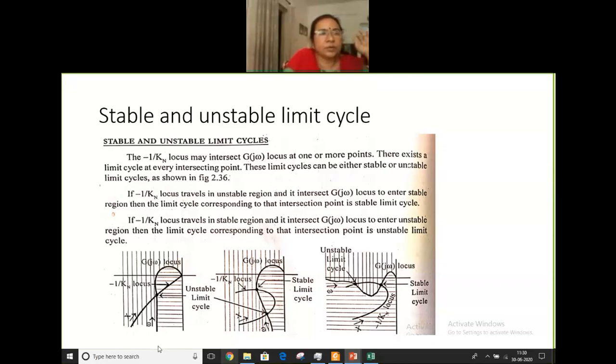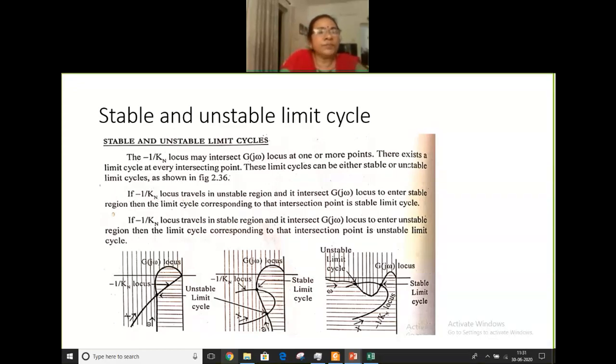Okay. Now, does a stable or unstable limit cycle occur? We know that when there is an intersection between the g omega locus and minus 1 by kn, there exists a limit cycle. Then we want to find whether that limit cycle is a stable or unstable limit cycle.